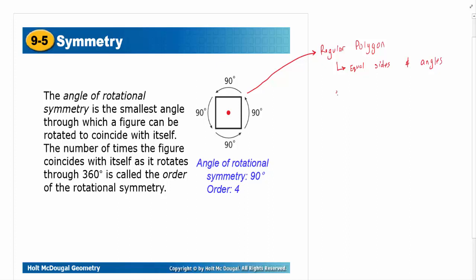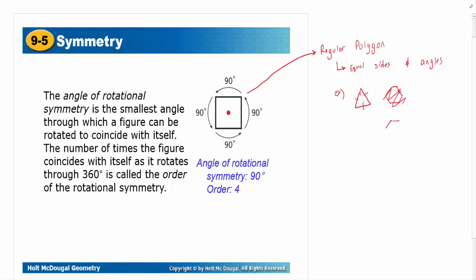Some examples of regular polygons are an equilateral triangle. I can't draw this very well, but I'll do my best. Actually, I'll try a hexagon. It's really bad, I'll try another one.